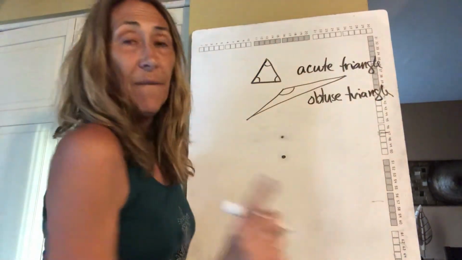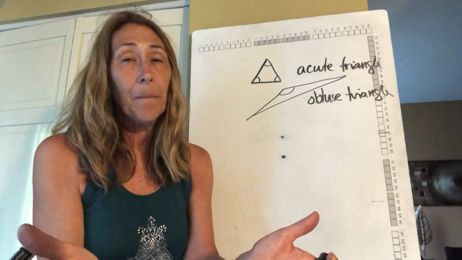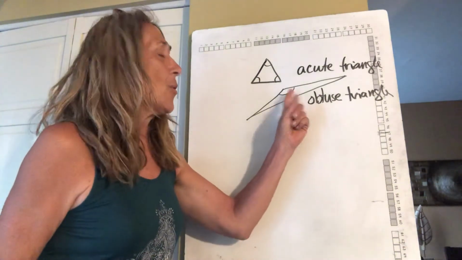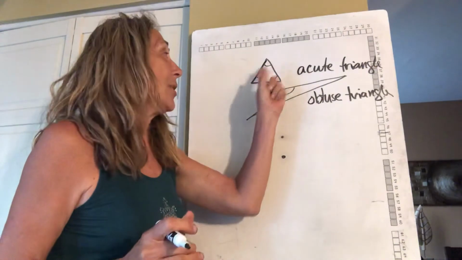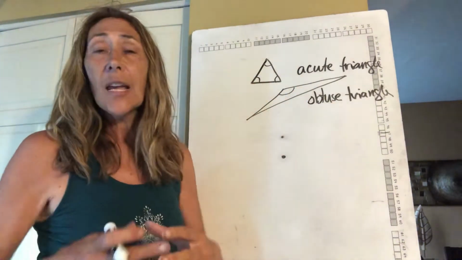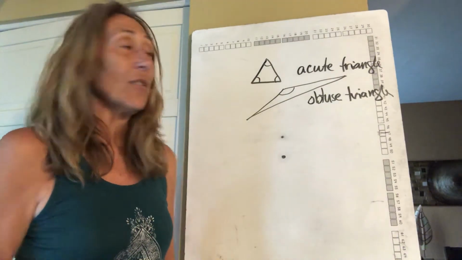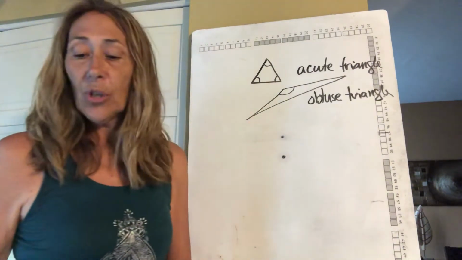Only one of the angles can be obtuse because it's greater than 90. So we know all three angles have to add up to 180, so I can only have one obtuse, one greater than 90 angle. So this is an obtuse triangle.